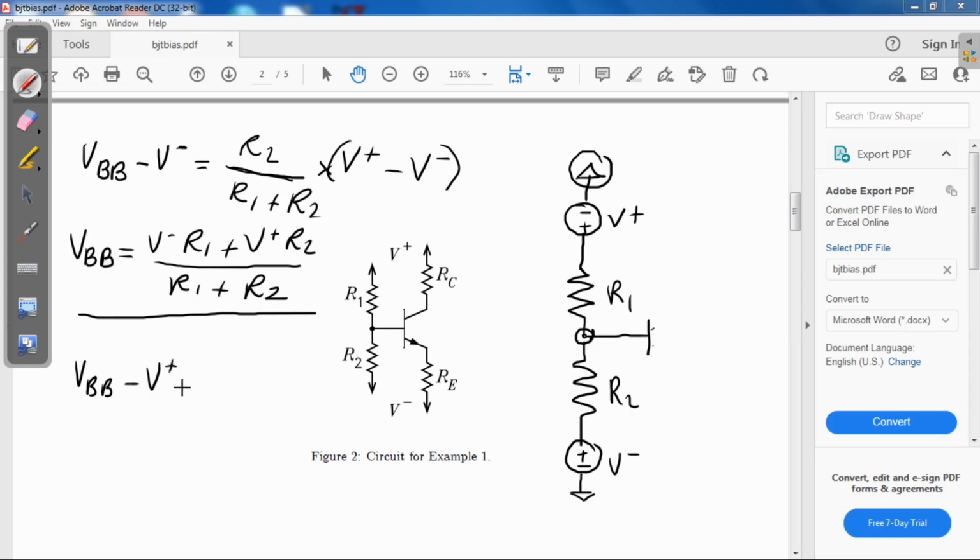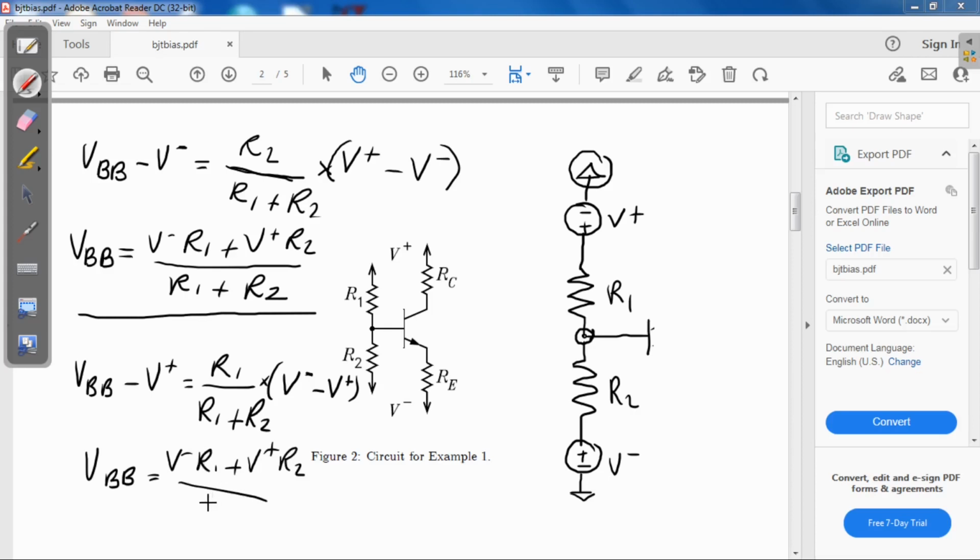VBB minus V plus is equal to R1 over R1 plus R2 times V minus V plus, and this gives you, if you put V plus on the other side, exactly the same thing, V minus R1 plus V plus R2 divided by R1 plus R2.